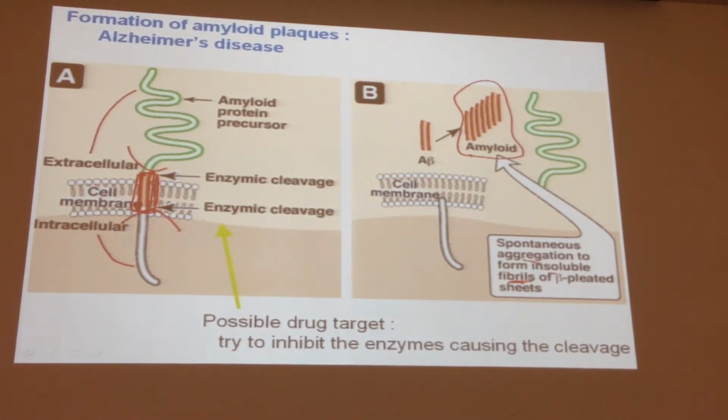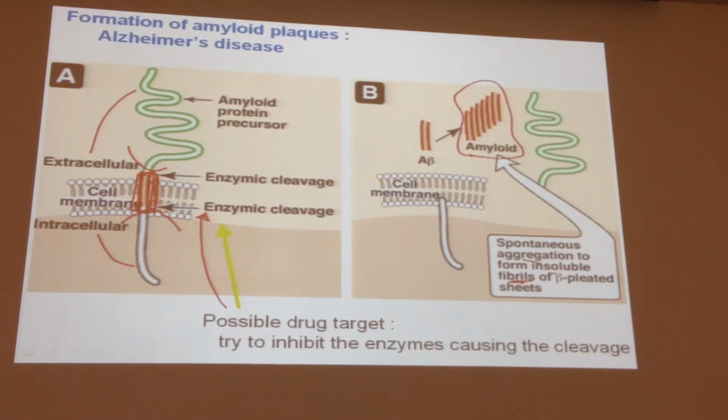A possible drug treatment might be to try to find an inhibitor of the enzyme. If you could find something that would block the enzyme that produces these fragments and prevent the fragments from being made, that might help. Now, so far, people haven't succeeded in doing that.